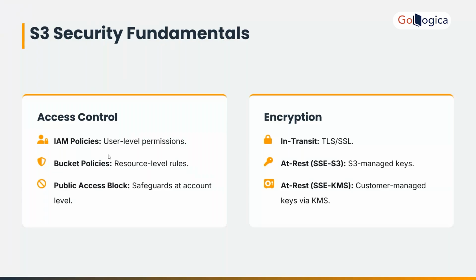IAM policies are identity based policies that we attach to an identity. Bucket policies are resource based policies that we attach to a resource, and in that policy we need to select the principal who can access that resource. That is a resource level policy.